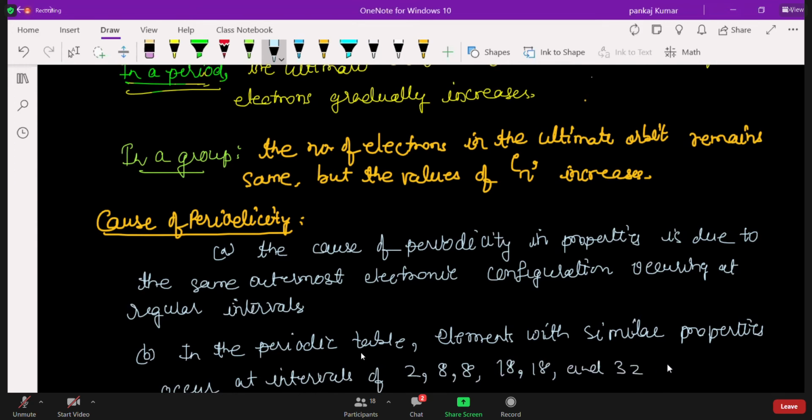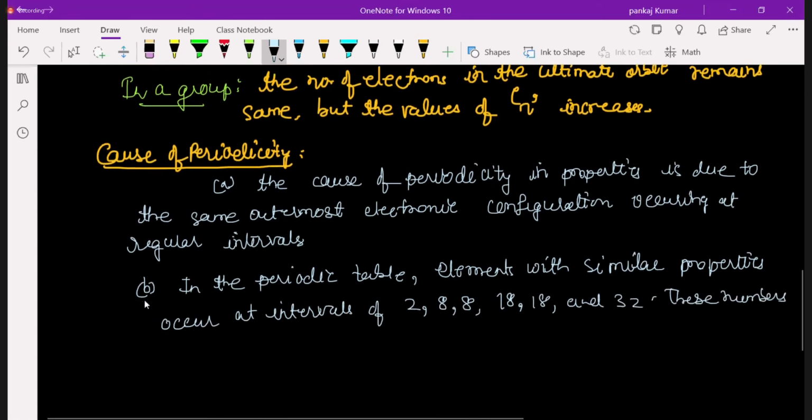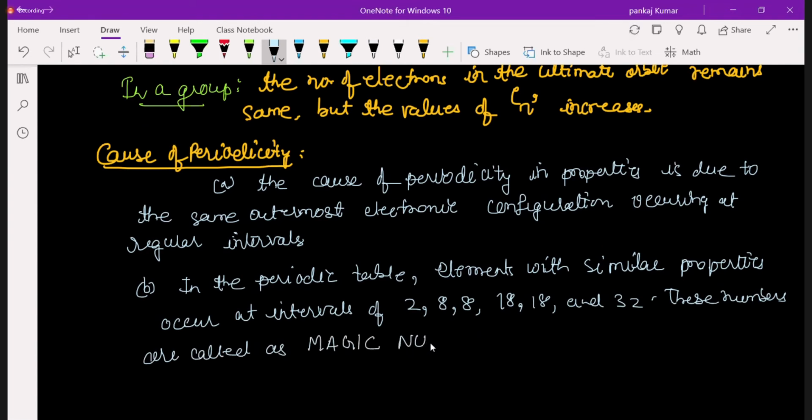Okay, and these numbers are called magic numbers. Now, I think things are clear, right?